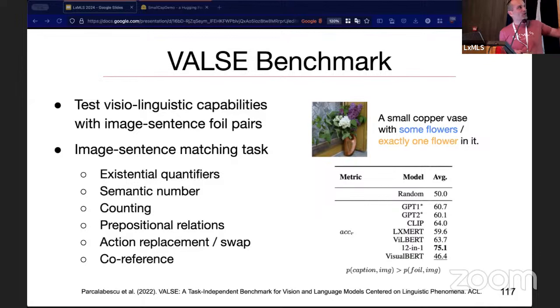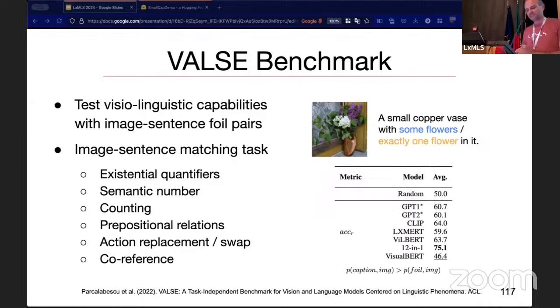And the foils are created so that, in the top right, a small copper vase with some flowers in it, or a small copper vase with exactly one flower in it. This is probing these really fine-grained understanding properties. What was found at the time was, I mean, you'd have to redo this now in 2024, but not many of the models performed better than text-only baselines, which is a concerning result.